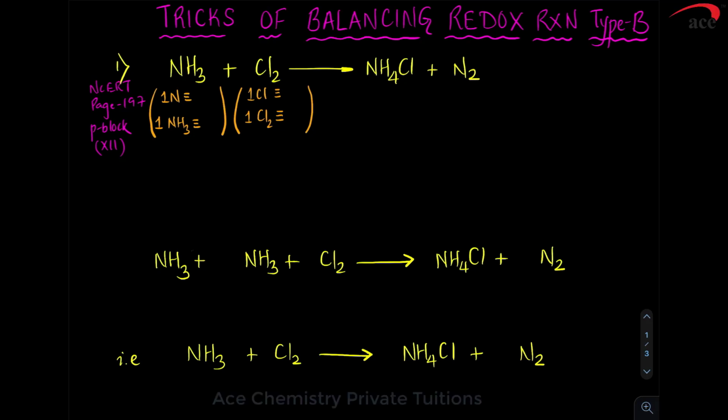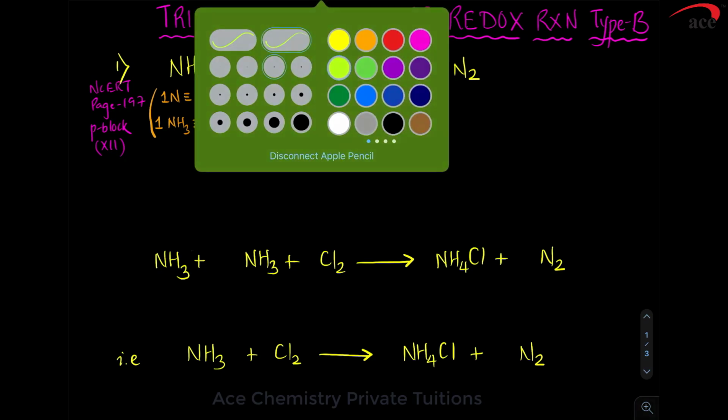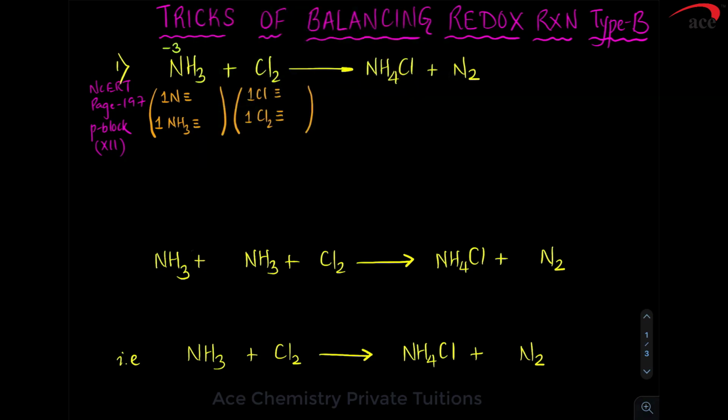So we come to tricks associated with balancing a redox reaction of type B. To understand type B, as we go to the first question, you will be able to understand what a type B question is and how you are supposed to balance it. Now, if you check, the oxidation number of nitrogen is -3, and in the other product nitrogen is 0.